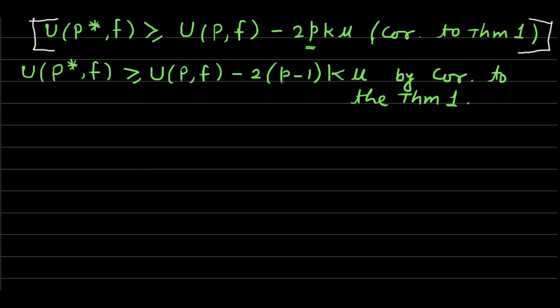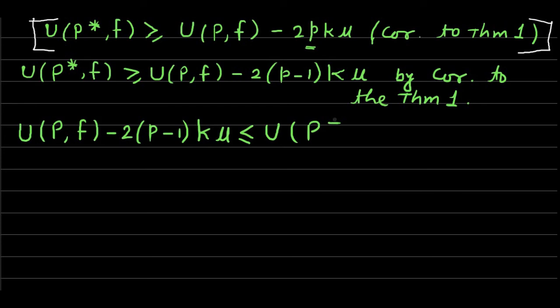Here P minus 1 points are more, therefore corresponding changes we have made here. So we will write down the same thing in a proper form. Okay, so the same thing can be written as: upper sum over partition P for the function f minus 2 (P minus 1) K mu is less than or equal to upper sum over the partition P star for the function f.